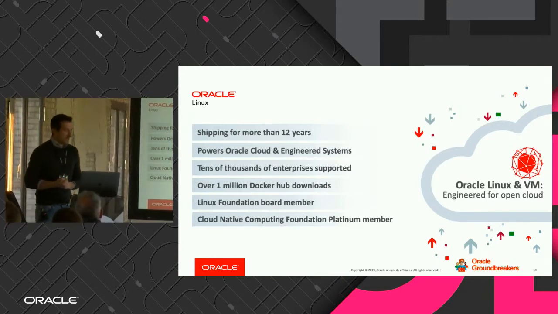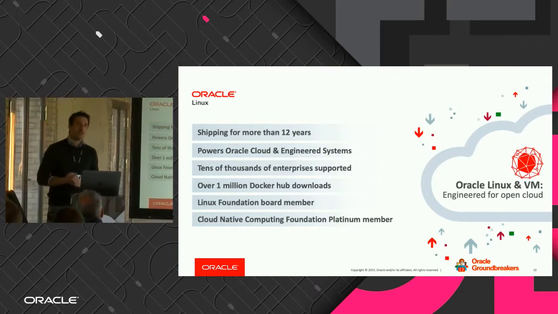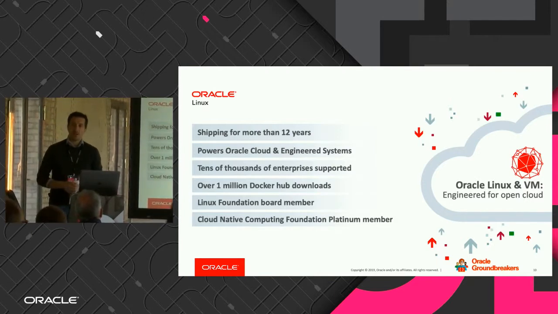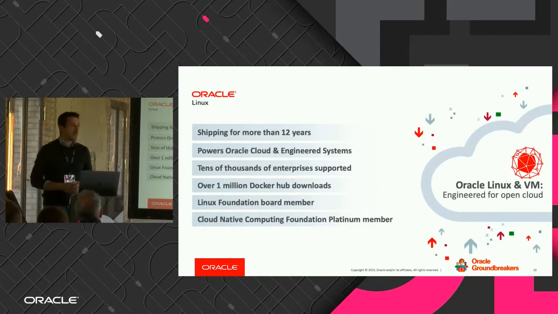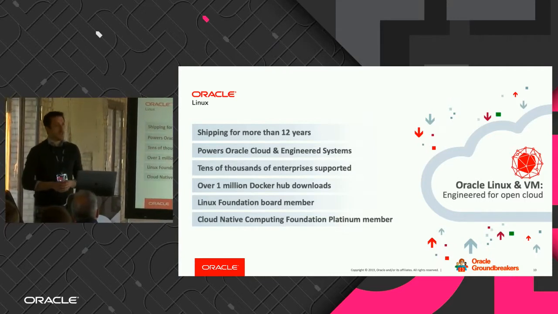So everything that you can run on top of the Oracle Cloud today runs on top of Oracle Linux. At the same time, if you get an Oracle Exadata system, either on-premises or in the cloud, it runs on top of Oracle Linux. We have thousands of enterprises, thousands of customers on Oracle Linux. We already saw more than 1 million Docker Hub downloads for Oracle Linux.